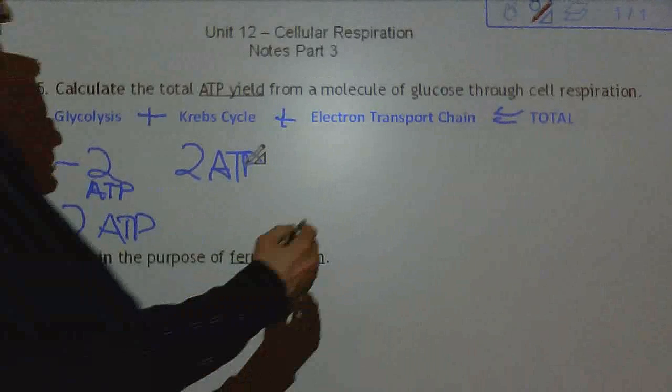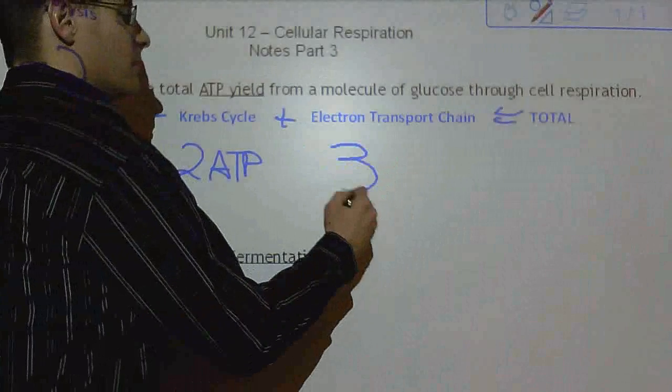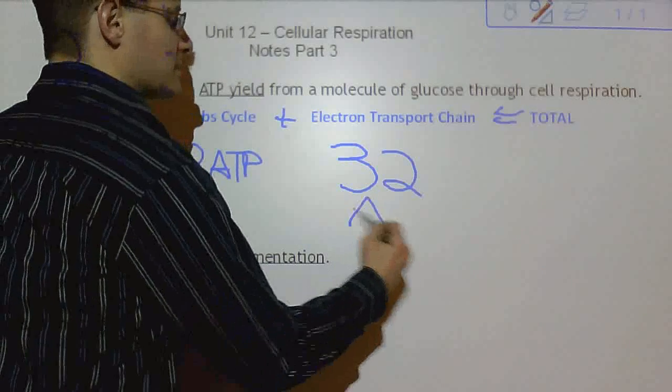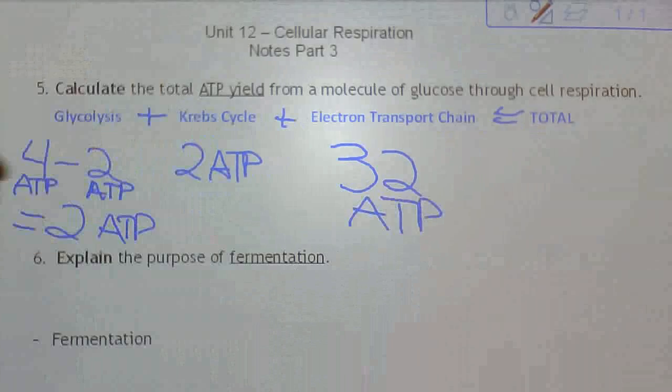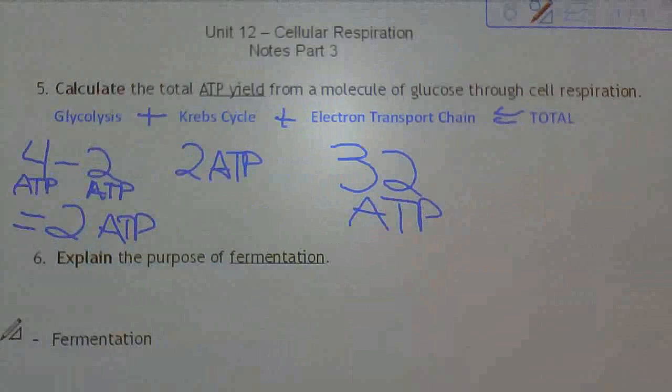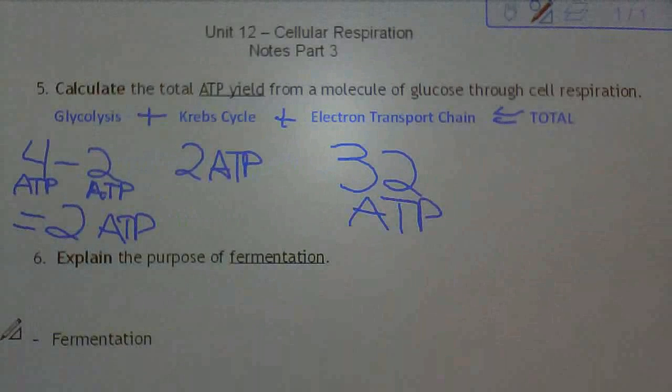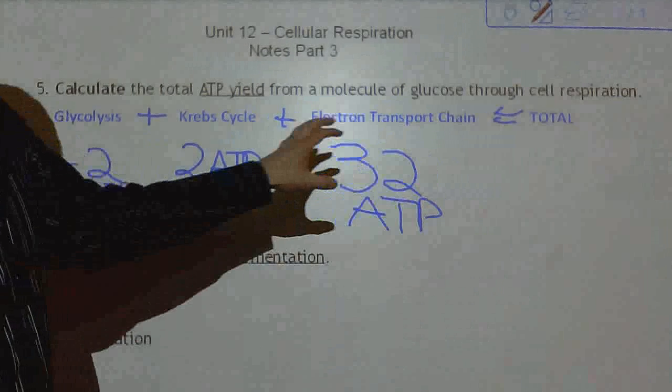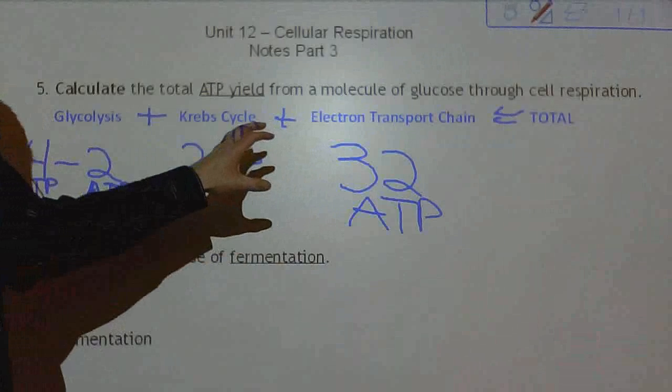When we get to electron transport chain, that's when we start talking about big numbers. And that's why electron transport chain is so important, why oxygen is so important, because without oxygen, neither of these two take place.